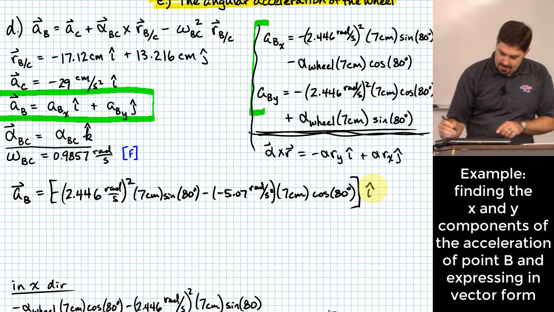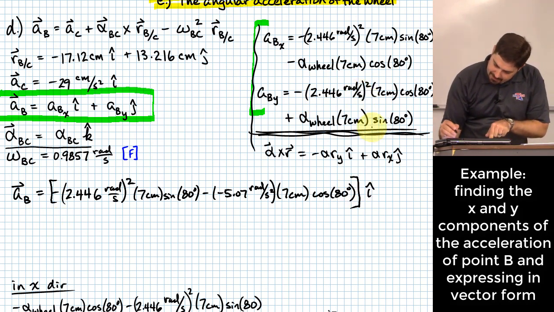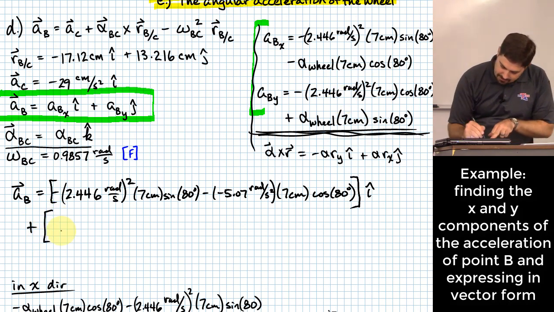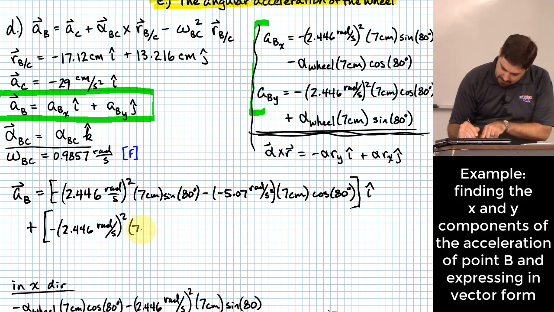Right? And then down here, we're going to have plus, here we'll have a minus 2.446 radian per second squared times 7 centimeters.